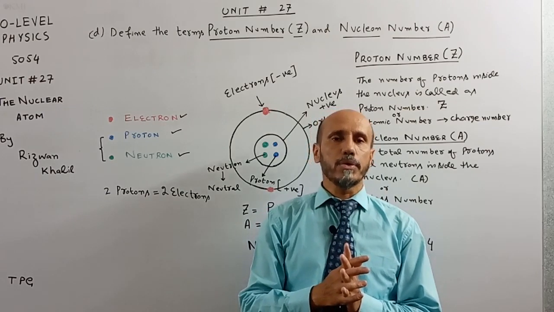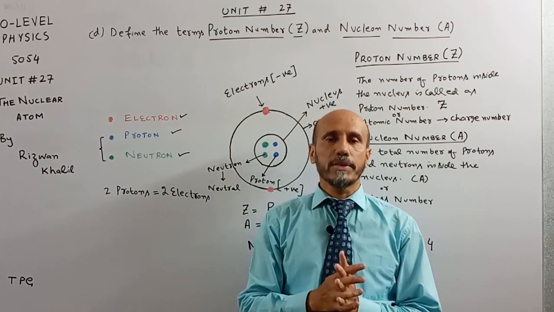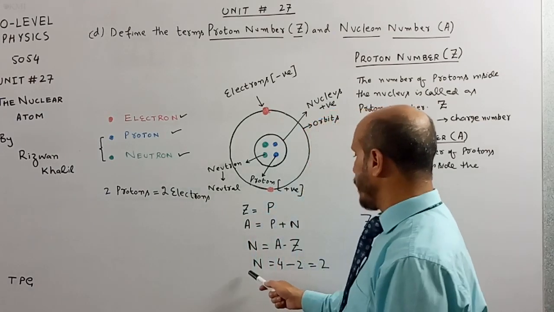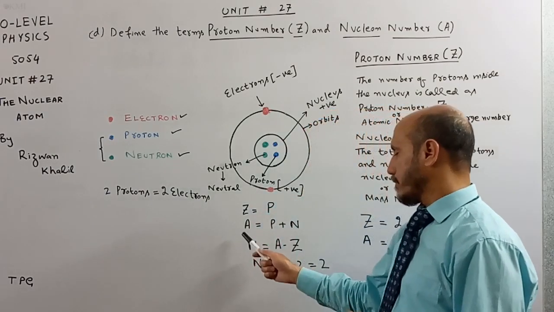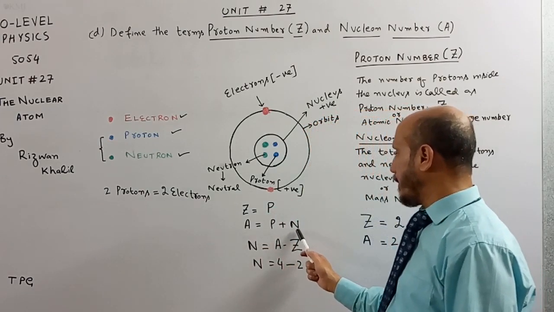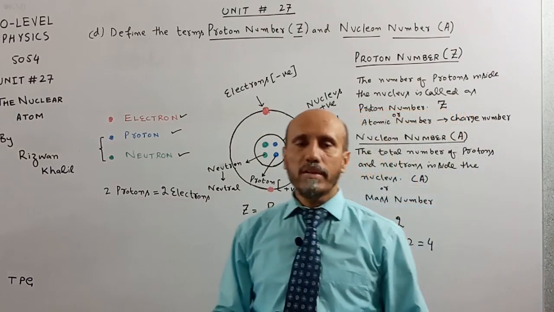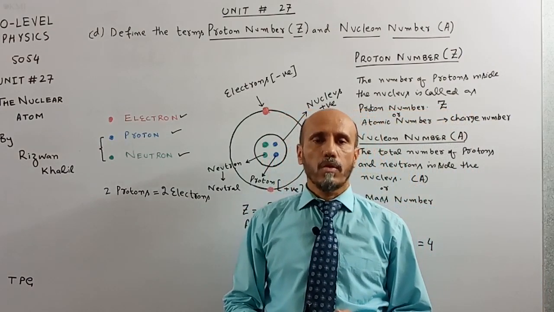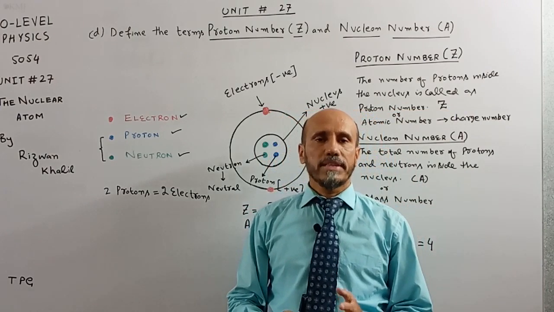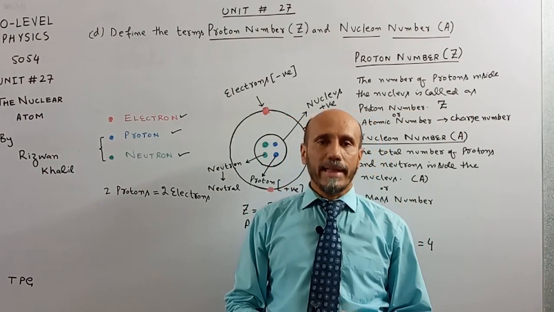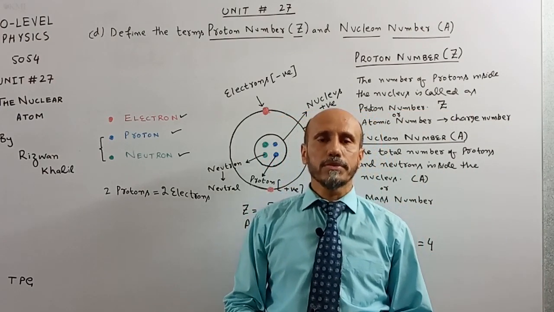It was mass number, denoted by capital A. And how can we calculate the number of neutrons? It's very easy: capital A minus capital Z. Now we will proceed to examples of this topic related to proton number and nucleon number.